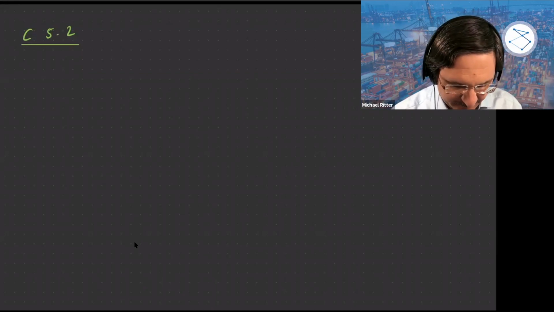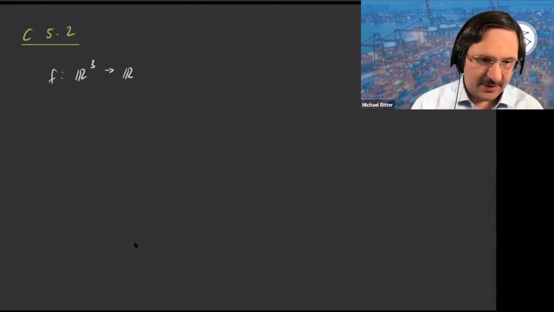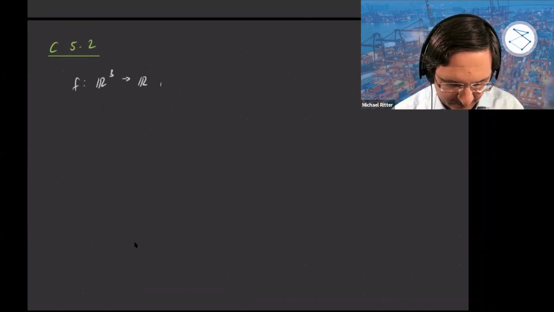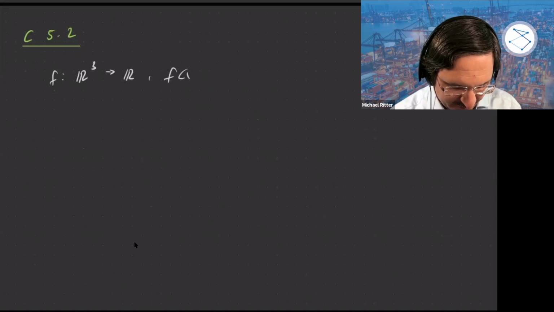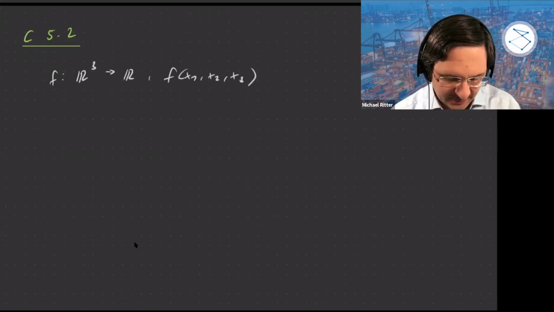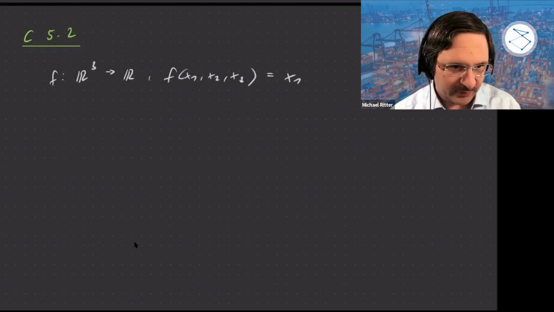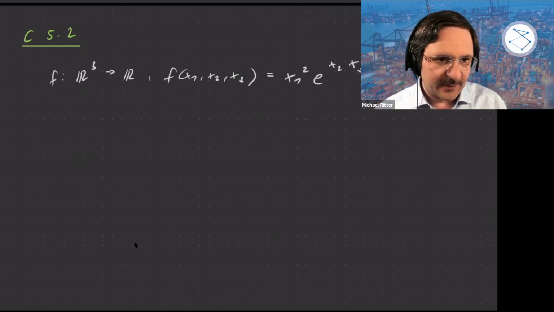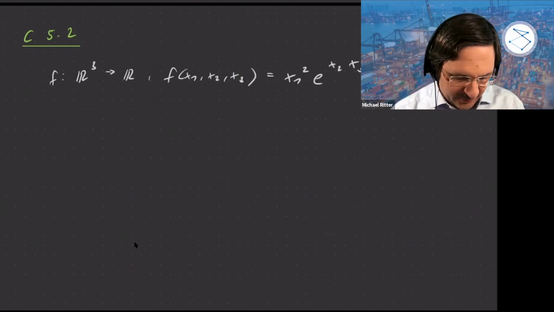So let's first write down the functions again. So we have f. It's the outer function that maps R3 to R. And f is defined as f of x1, x2, x3 equals x1 squared e to the x2, x3. And we have g.